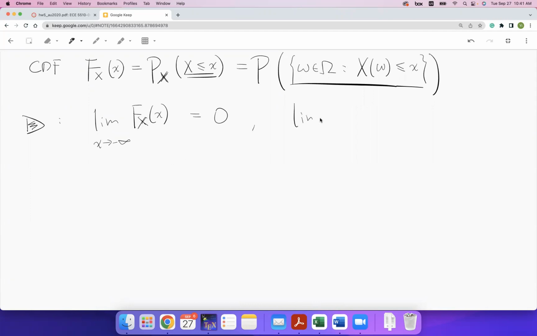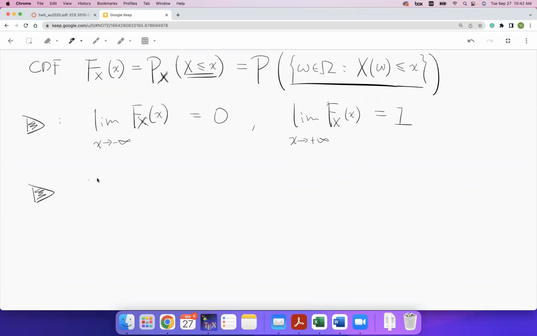And on the other hand, when x approaches positive infinity, it equals 1. Intuitively, when x goes to positive infinity, we're looking at the probability of the random variable being less than or equal to positive infinity, which always corresponds to the entire set of all possible outcomes. So the corresponding probability is 1.